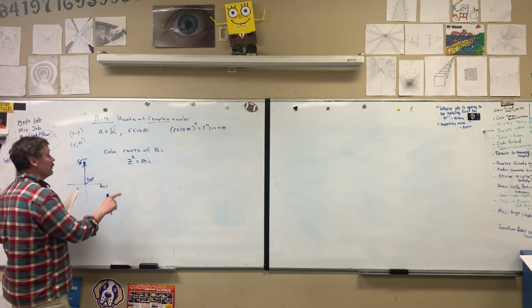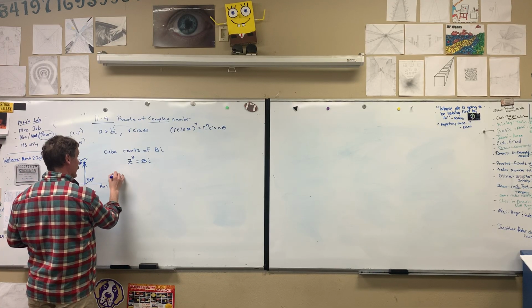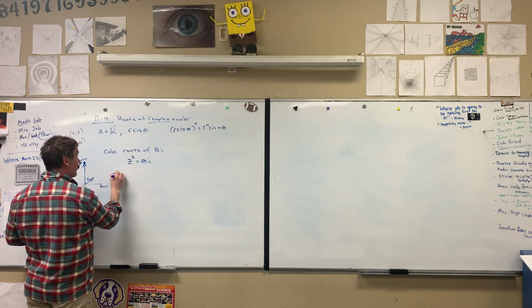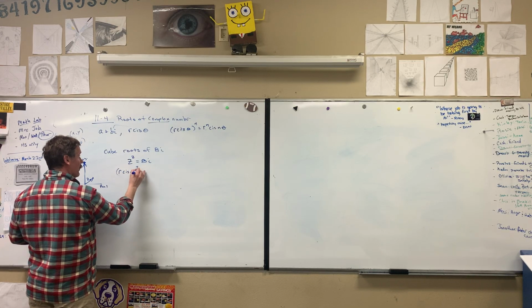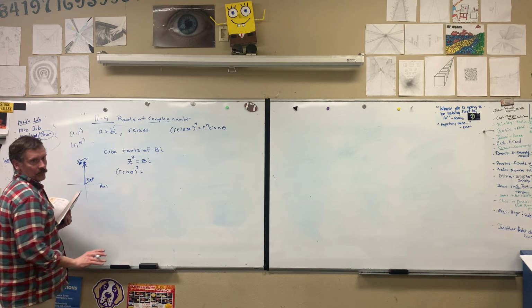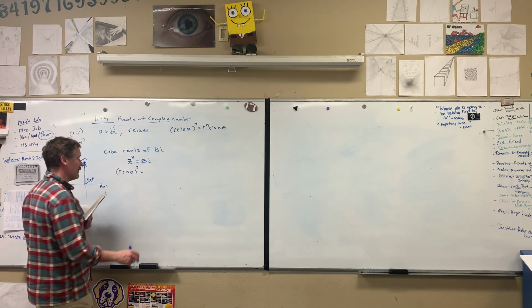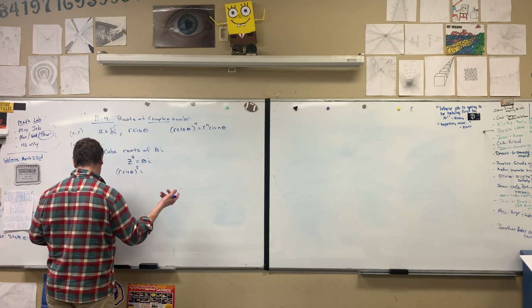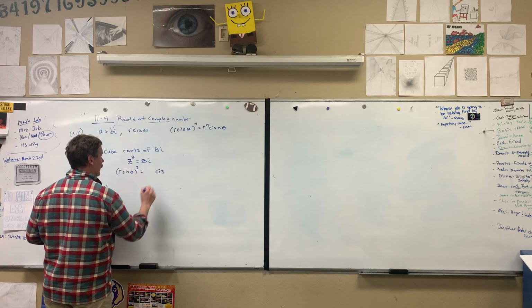So if we were to convert this into polar formatting, this would be like r cis theta to the third. Then what's 8i in polar formatting? It's going to be something cis theta, so it's going to have a cis and an angle measure.